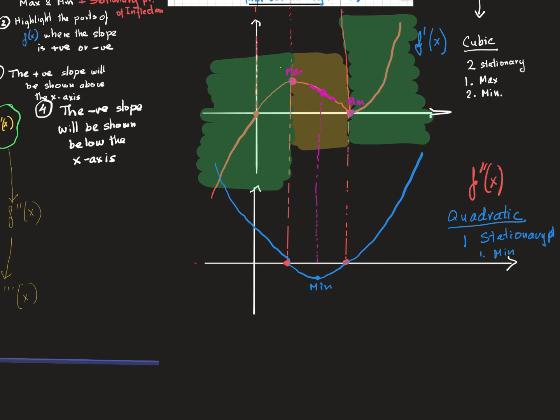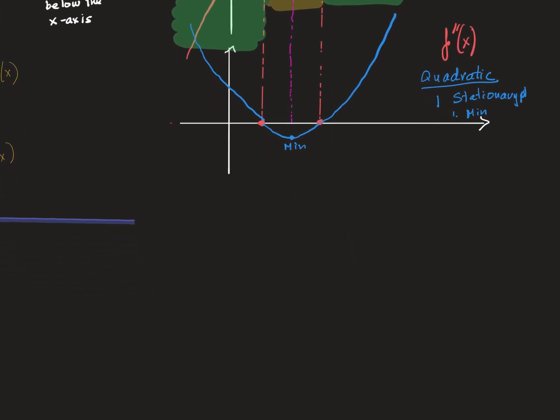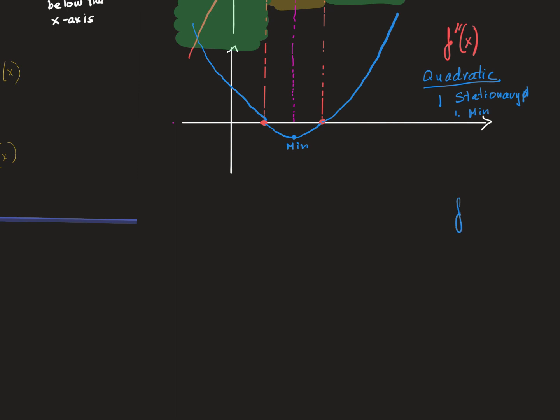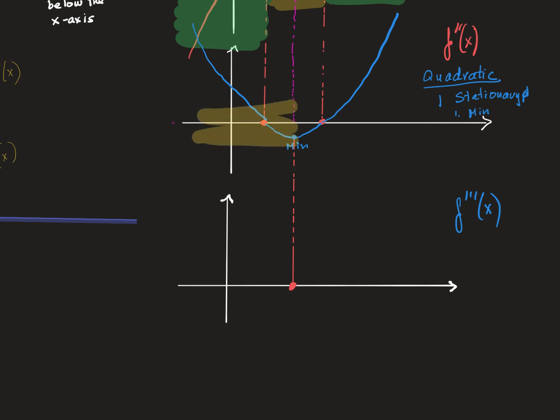Now this will translate if we draw the f triple dash, because we're going to derive this again. Draw another axis and determine where the 0 is, where it was the minima, and the negative slope is on the left hand side and the positive slope is on the right hand side.